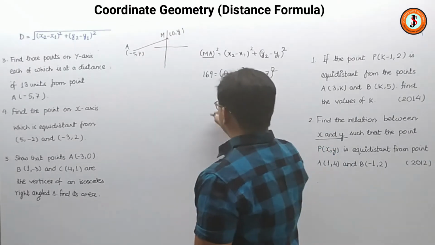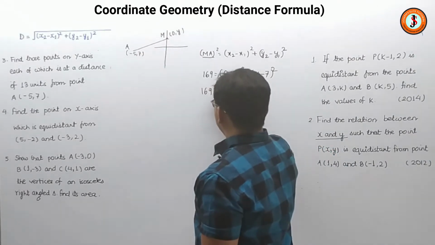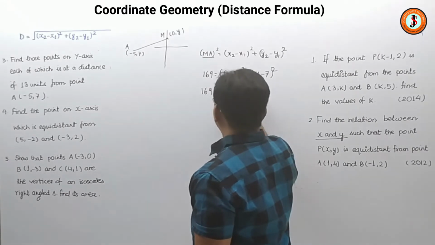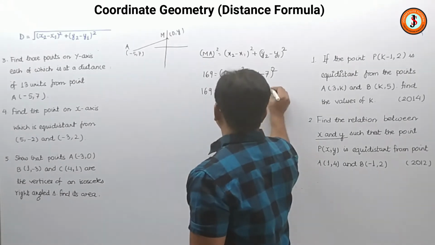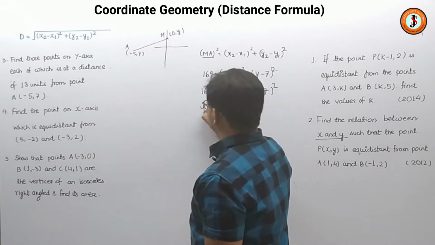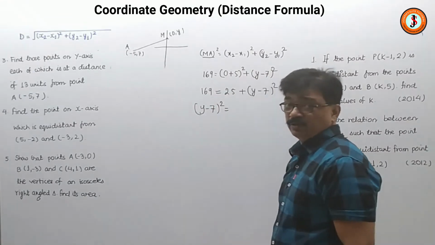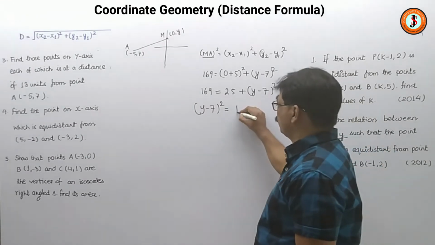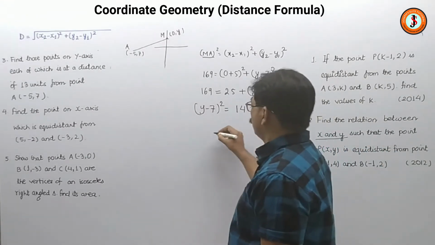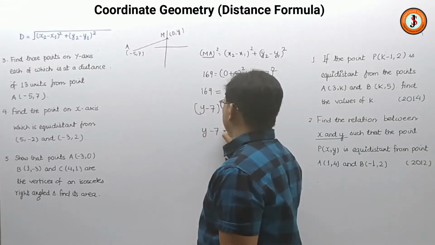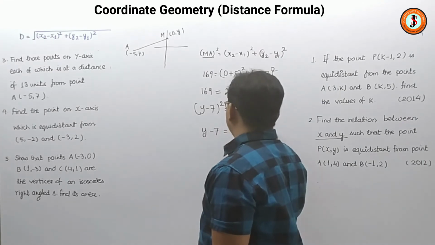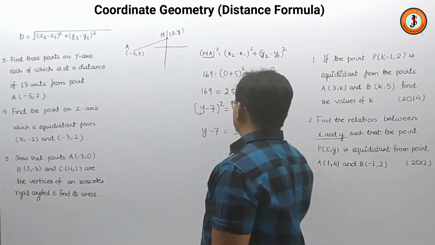So now this is 169 is equal to 25 plus y minus 7 the whole square. So y minus 7 the whole square is equal to 169 minus 25, that is 144. So y minus 7 will be equal to plus minus under root 144.